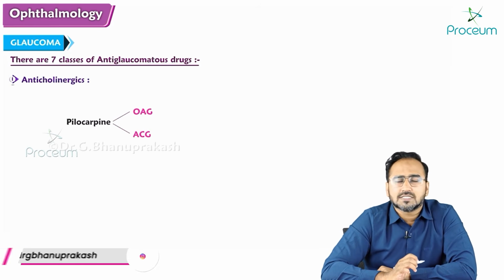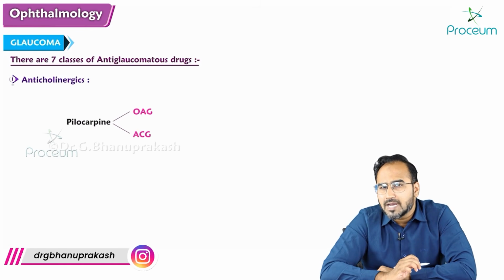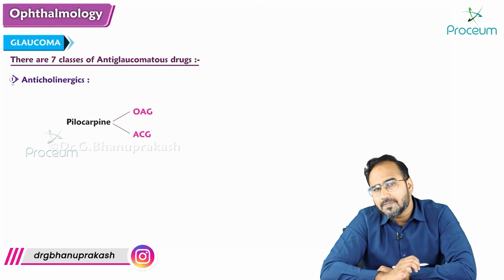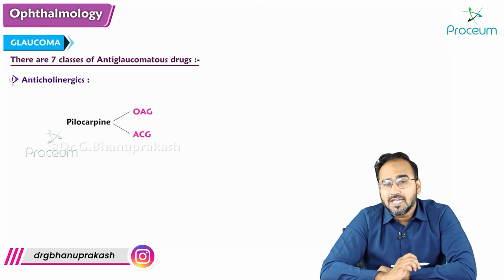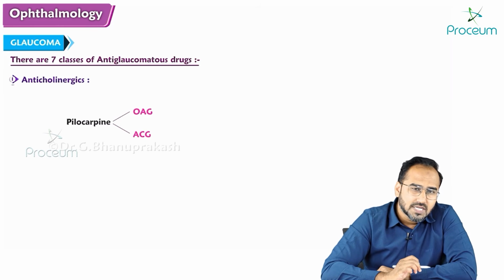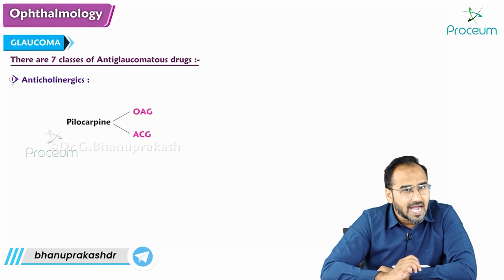Apart from that, what are the other side effects of pilocarpine? Whenever you give pilocarpine to a patient, it can cause uveitis also. You know what uveitis is? Inflammation of the uvea is called uveitis: anterior, intermediate and posterior uvea.